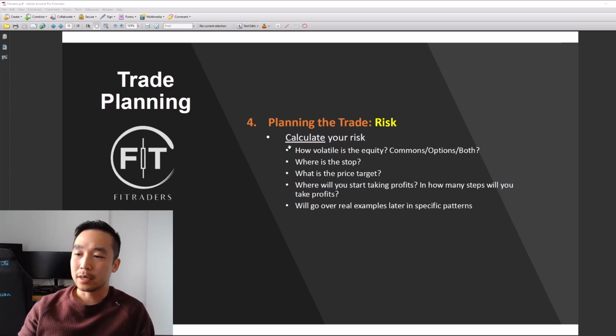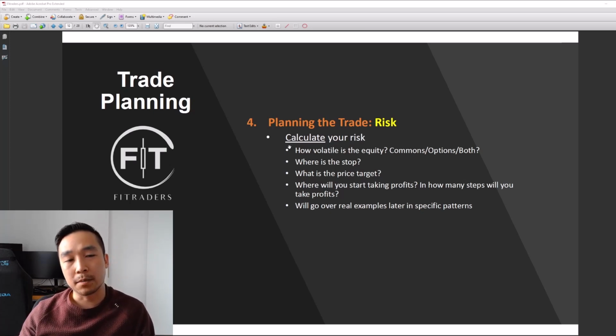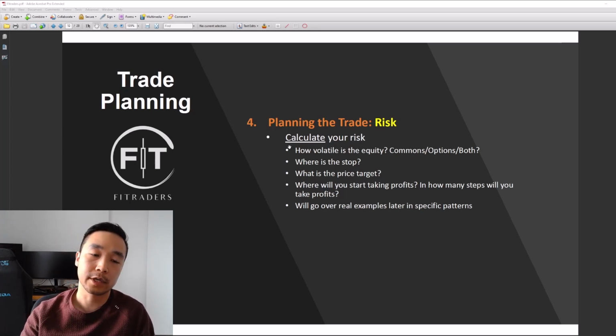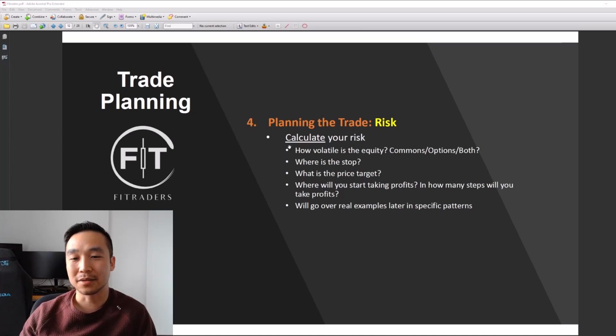So the options contracts are going to be very expensive, and for you to profit off the contract, the stock would need to move even more than it was moving in the recent history of that chart. You've got to calculate the percentage chances of that happening. Whereas if you just play commons, you can play the 10, 20, 30% moves in the underlying stock. So figure out: do I really need to play options here? Can I just leverage off shares and get a pretty good profit?